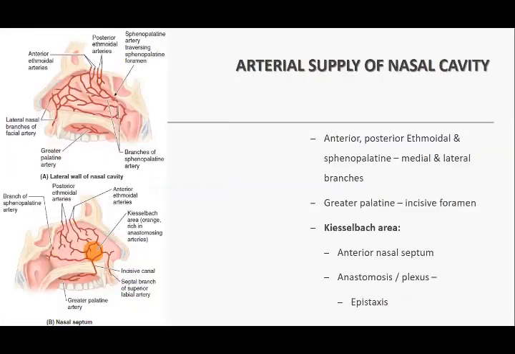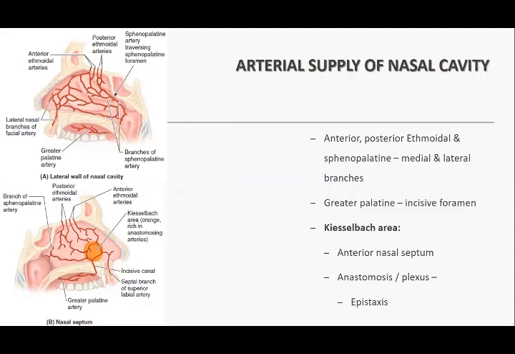Okay, so all these branches, let me go ahead because this is extremely important. Okay, all these branches, they anastomose with each other. At this point is anteroinferior aspect of the medial wall of the nose.